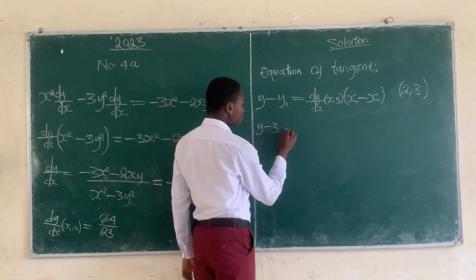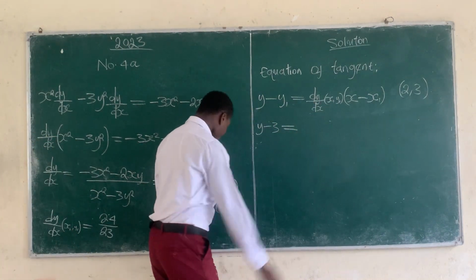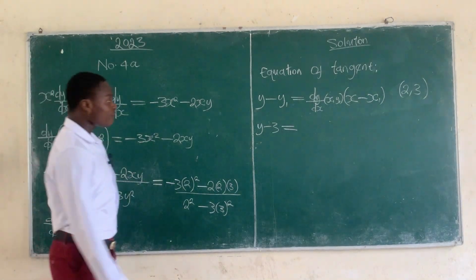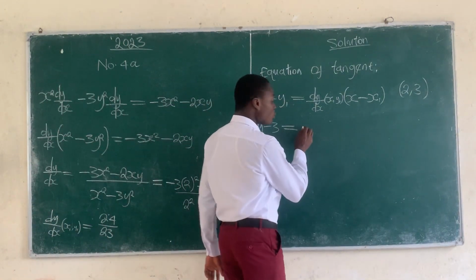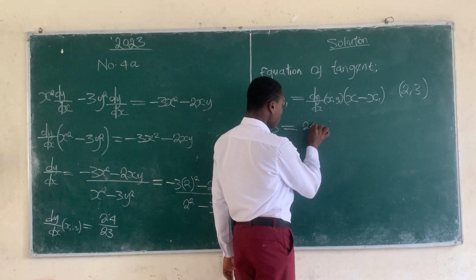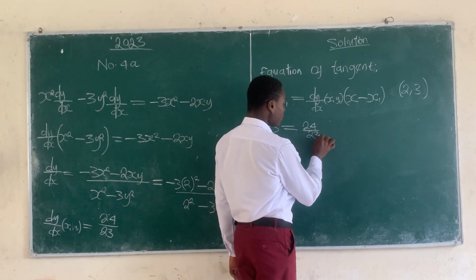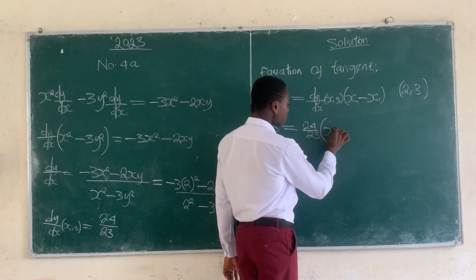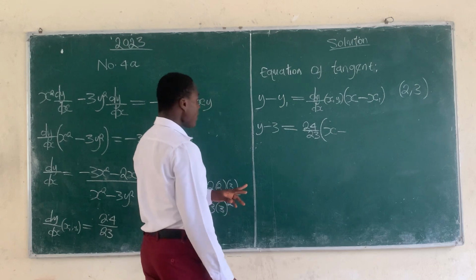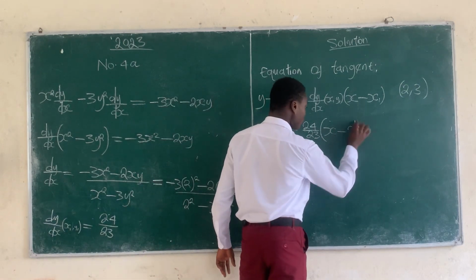So we have y minus 3 equal to dy dx at x1 y1, which gives us 24 over 23, into x minus x1, where x1 is 2.